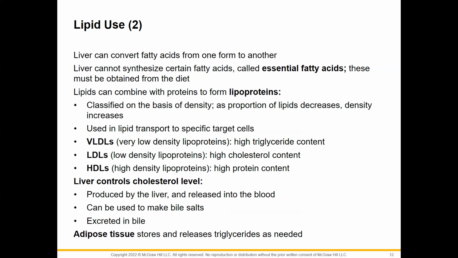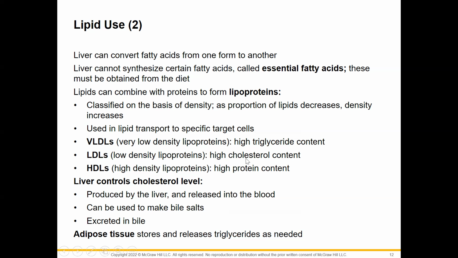Very low density. Then you have your LDLs that are low density. So they're not quite as light. They don't have quite as much lipid, or they have more protein attached to them than the VLDLs, but they still have a good amount of lipid. So they're still low density because there's a high amount of lipid attached, just not as much as the VLDL.